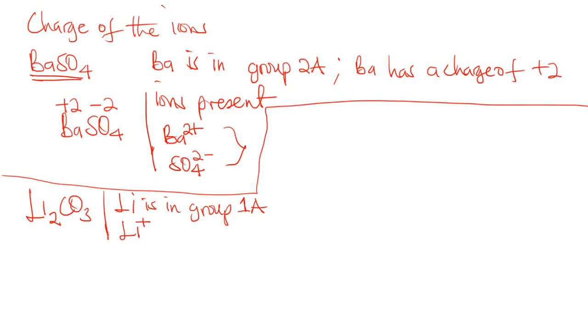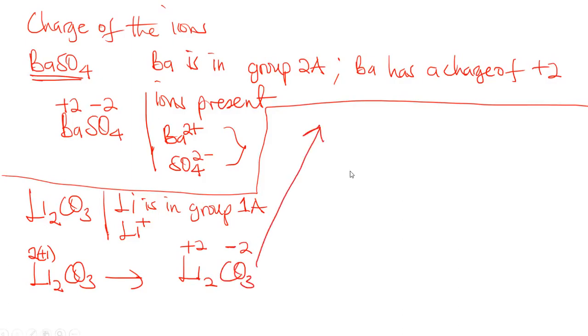But here we have two lithium atoms. So this should be 2 times plus 1 only for the lithium part. So in the end, the lithium part will have plus 2 because we have two of them, which means the carbonate part will be minus 2.